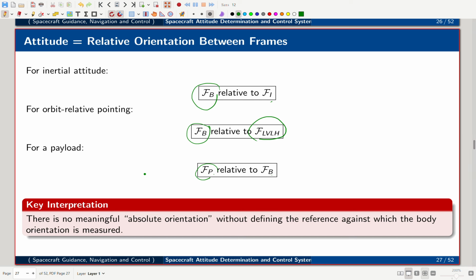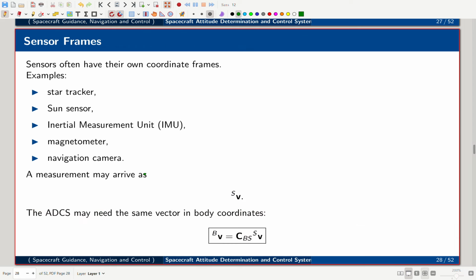For a payload, FP related to the body frame, because the payload is defined with respect to the body frame itself. Further, if you want, you can again transform from here, this is not a problem. So key interpretation: there is no meaningful absolute orientation without defining the reference against which the body orientation is measured. So this is very important, you have to fix the frame.